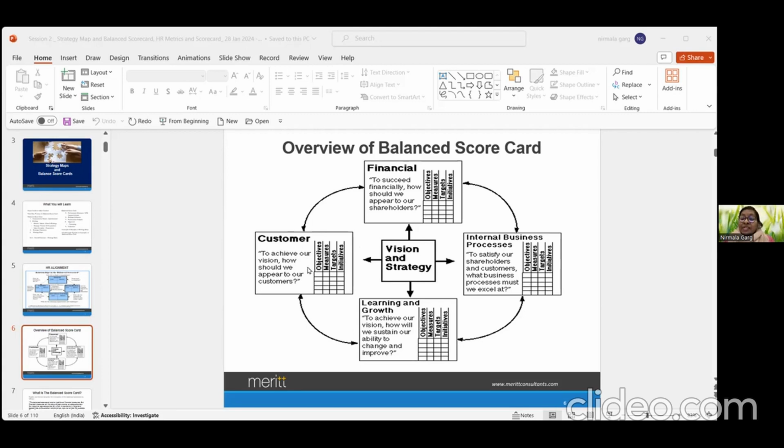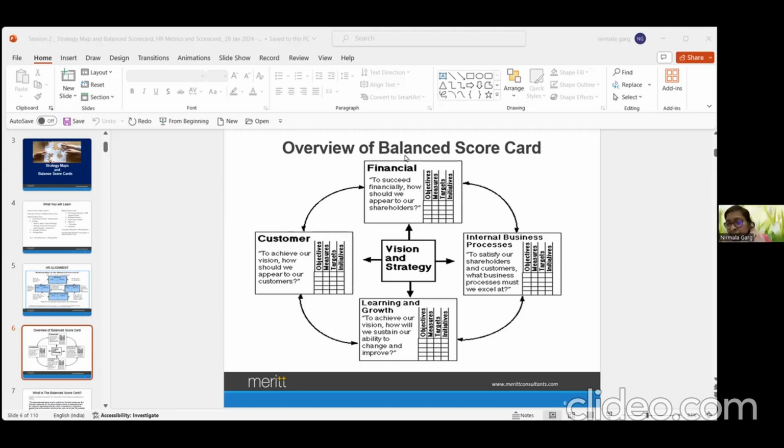Which delivers customer satisfaction or customer delight, and which results in customer retention, increasing your market share. So when all this happens, automatically your revenue goes up, your profit will go up.